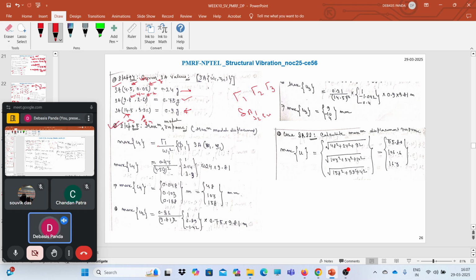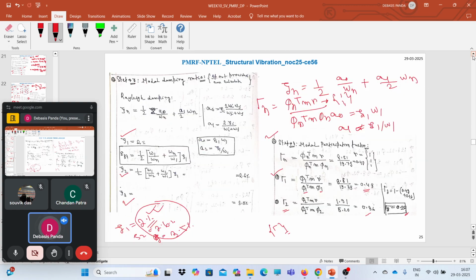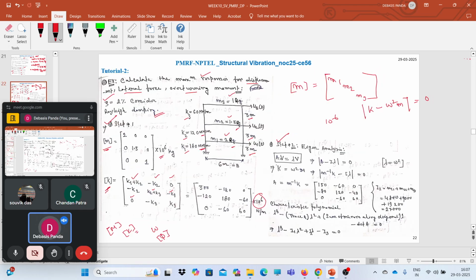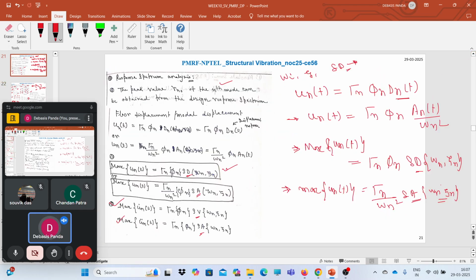The maximum modal response for the first mode, U1, is the participation factor divided by omega 1 square, times phi 1 into SA. We have already seen where we get these equations from.